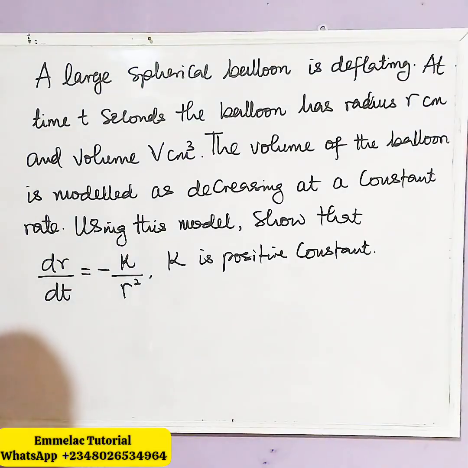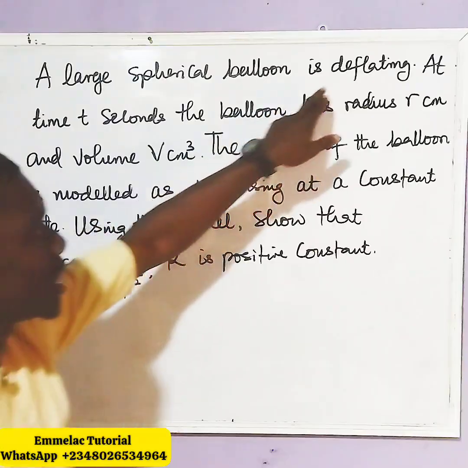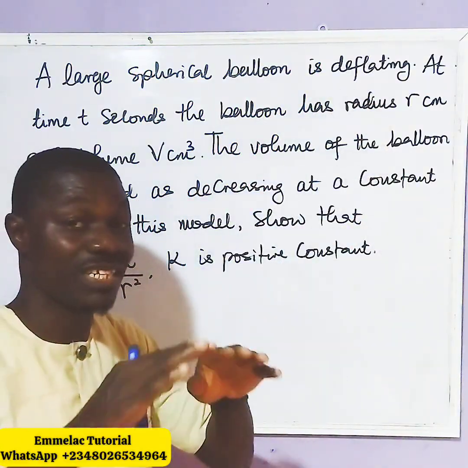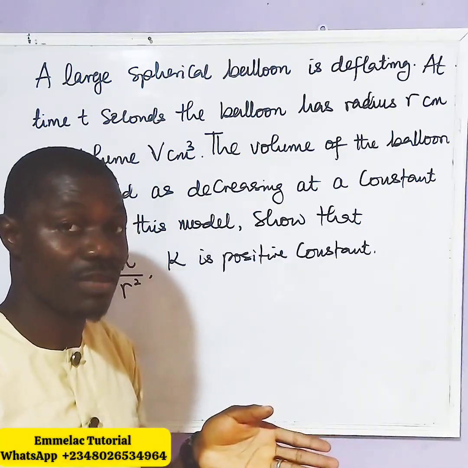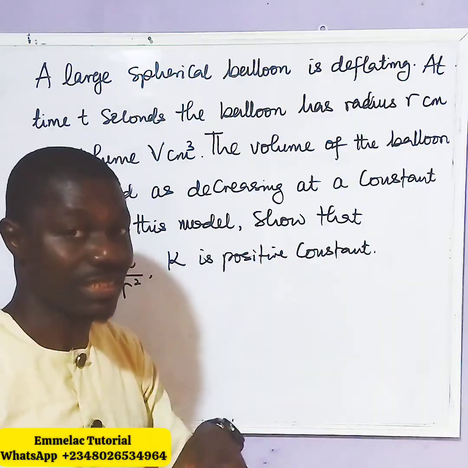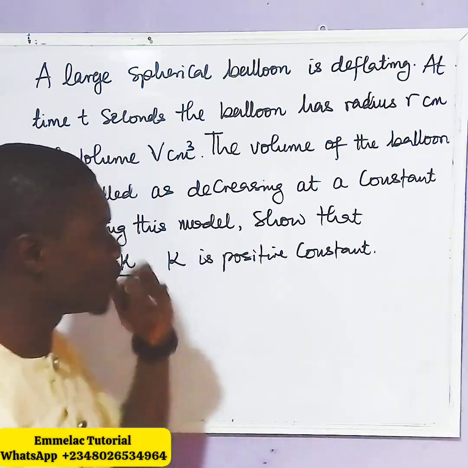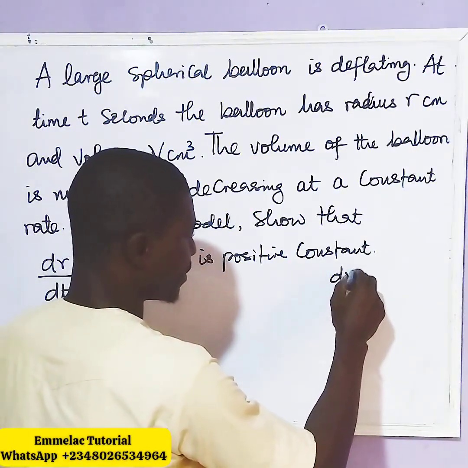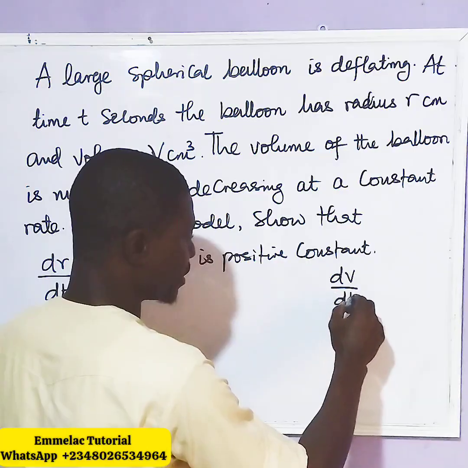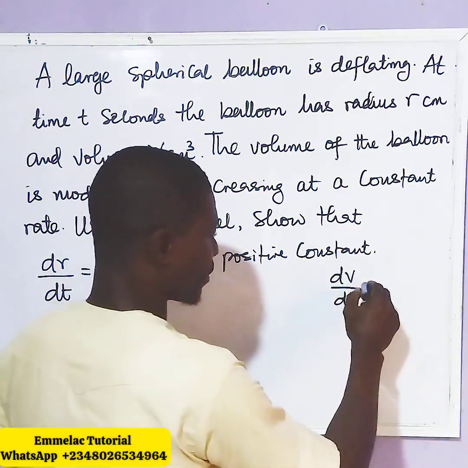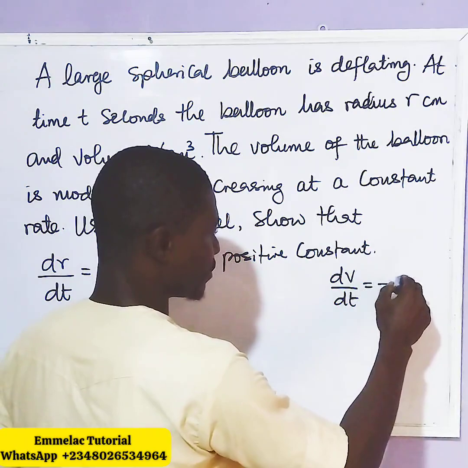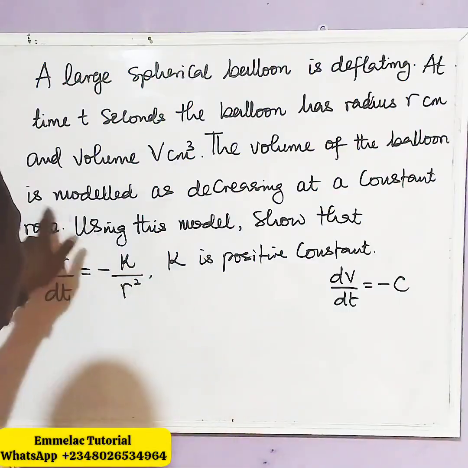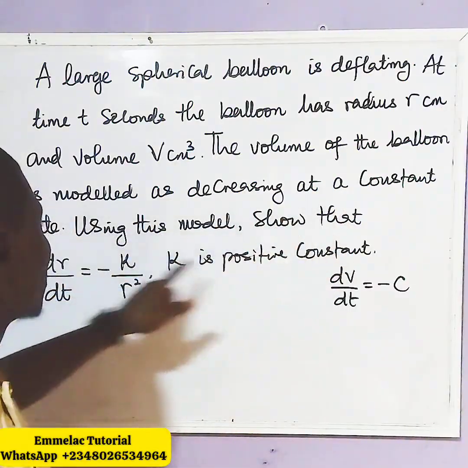Alright, now let's get this. Take note, it is deflating. Since the balloon is deflating, it implies that the volume of the balloon is decreasing with time. So we can say that dV/dt will be decreasing, where our c here is modeled as decreasing at a constant rate.